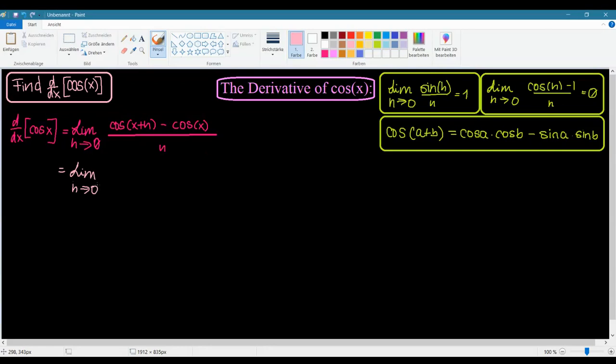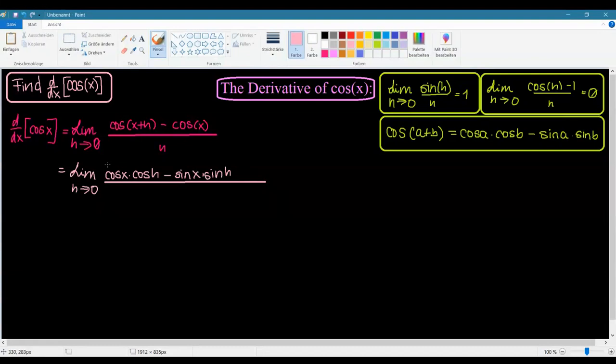So now we have the limit as h approaches 0 of cosine x times cosine h minus sine x times sine h, not plus, times sine h.